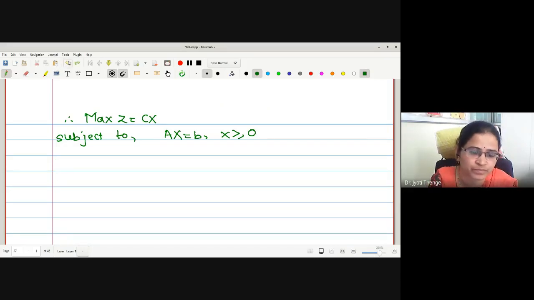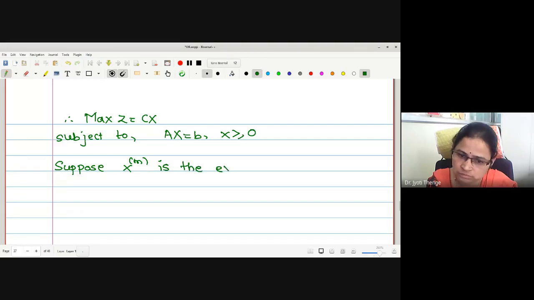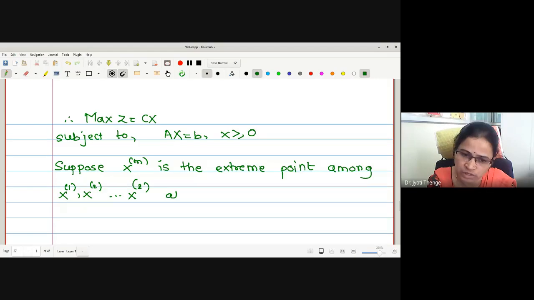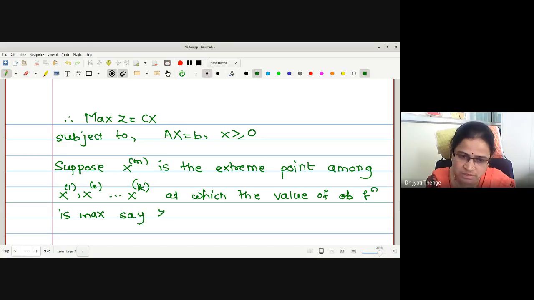Suppose xm is the extreme point among x1 to xk at which the value of the objective function is maximum, say z star.